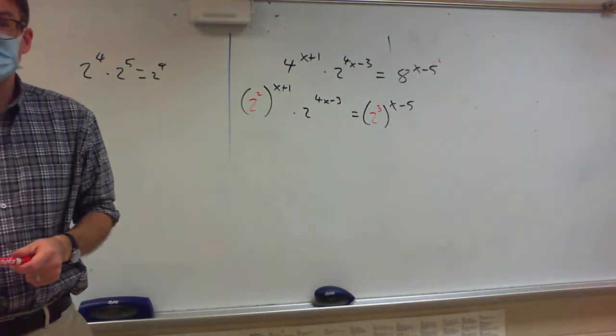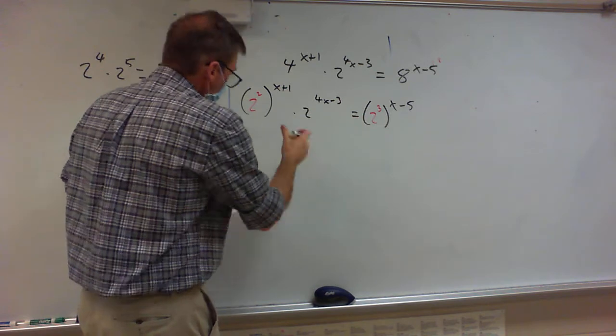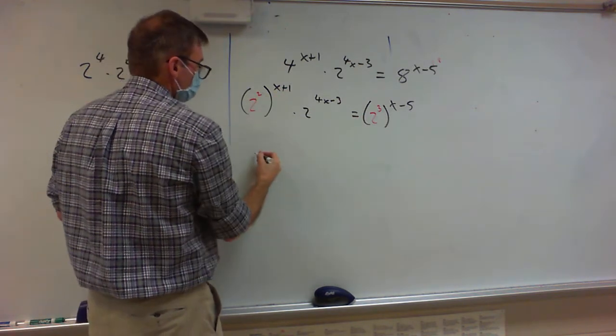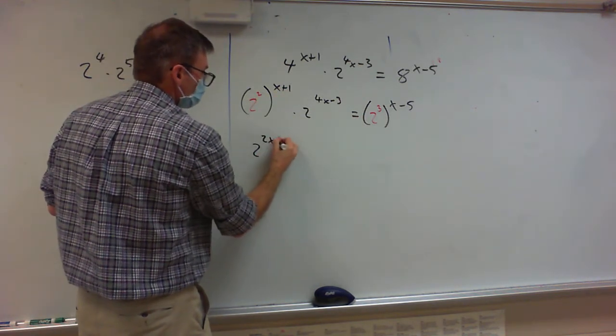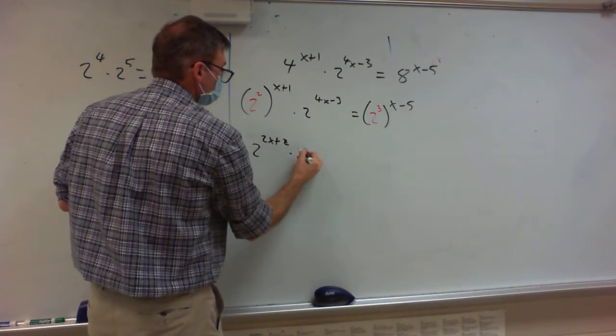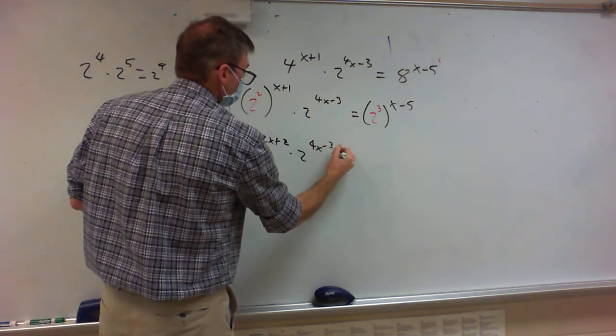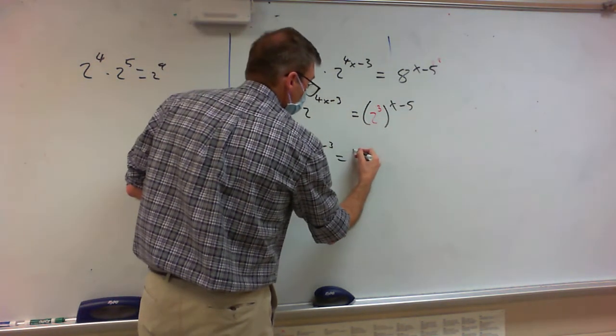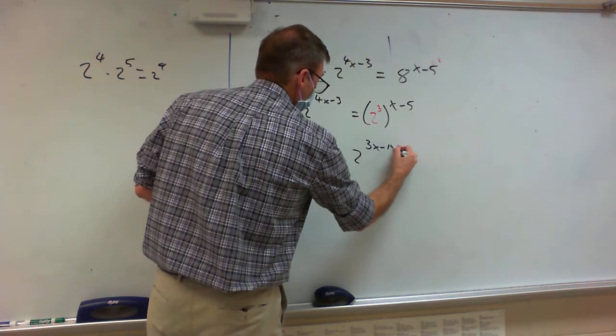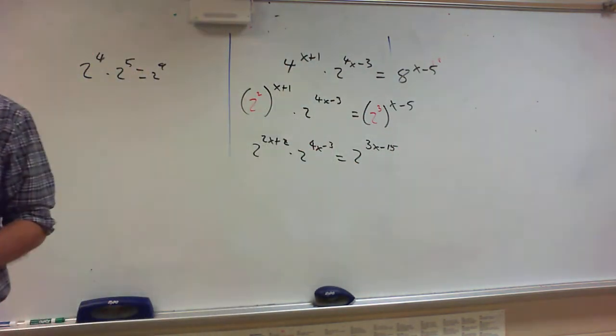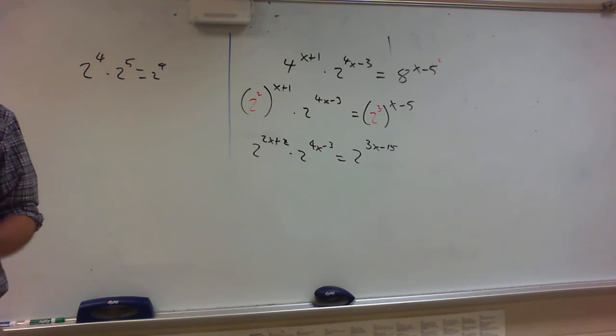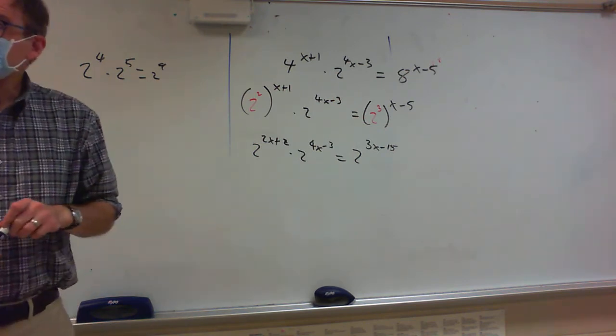So far, so good? And I'll do a little more work here. So this is going to give me 2 to the 2x plus 2 times 2 to the 4x minus 3 is equal to 2 to the 3x minus 15. Are we okay with what I've got so far? I got everything to a base of 2.